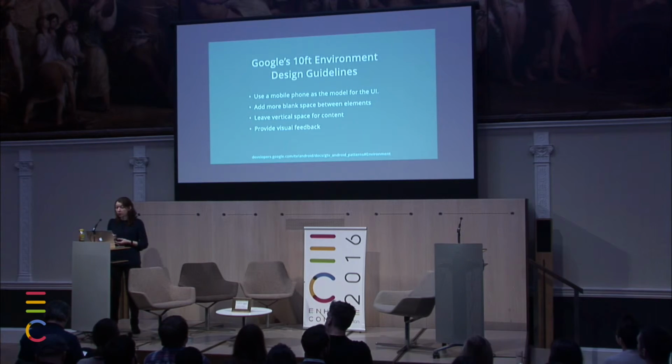And leaving vertical space for content because other than phones, vertical space is at a premium on widescreen TVs. Also provide highly obvious visual feedback on focus to make it clear what's happening on the screen. And they also note that unlike computers, users actually expect sound from a TV and they don't find it disruptive.